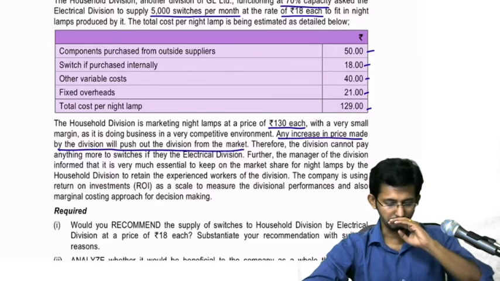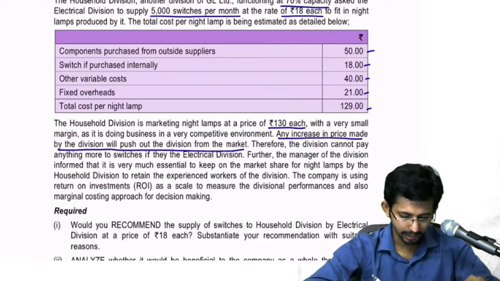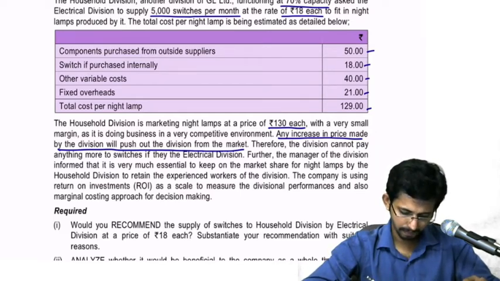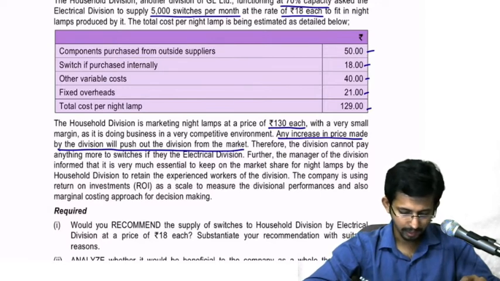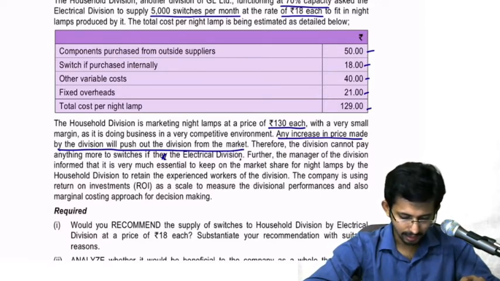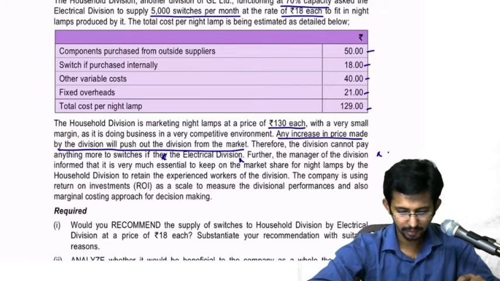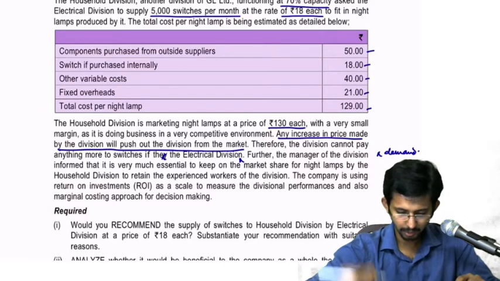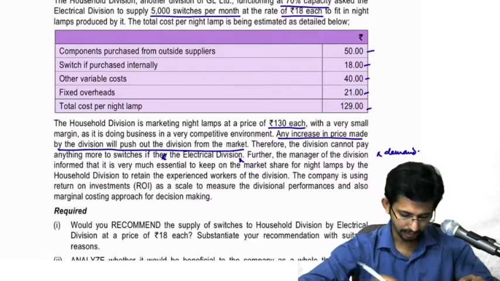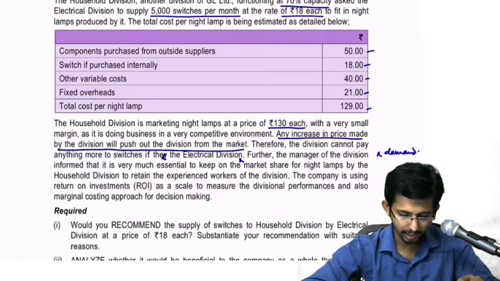Therefore, the division cannot pay anything more to the switches if the electrical division demands. Further, the manager of the division informed that it is very much essential to keep the market share for night lamps by the household division to retain the experienced workers of the division.